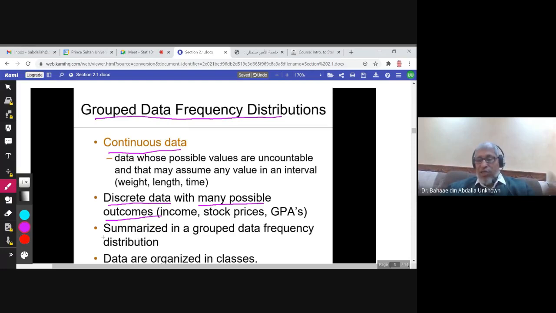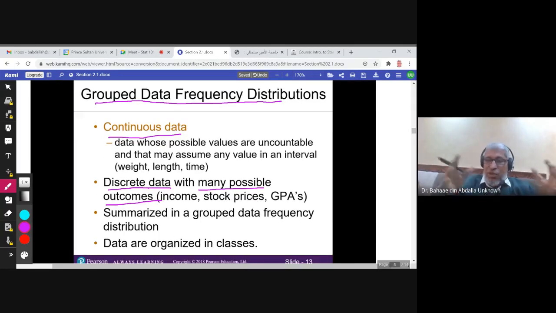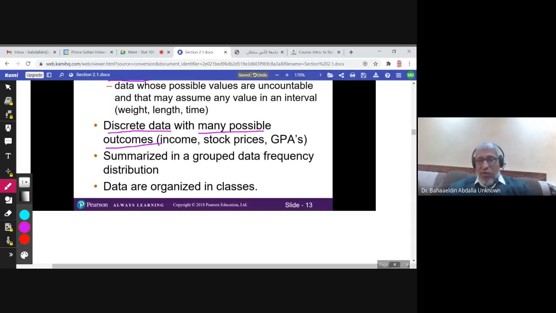So you cannot put each number in a category. The number of categories will be very high in this case. So you need to group the data. You put them into classes. So we will summarize the data in a grouped data frequency distribution in which we organize the data in classes.